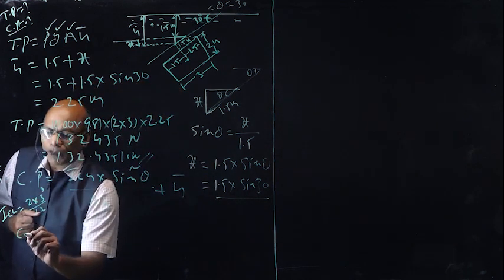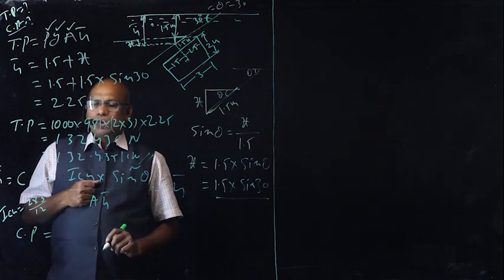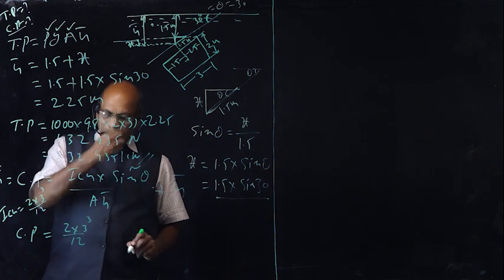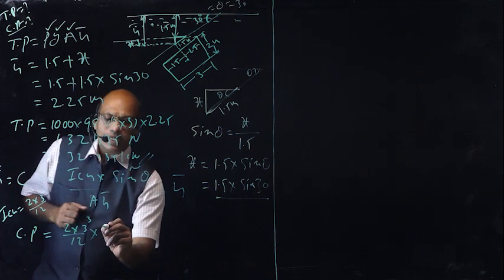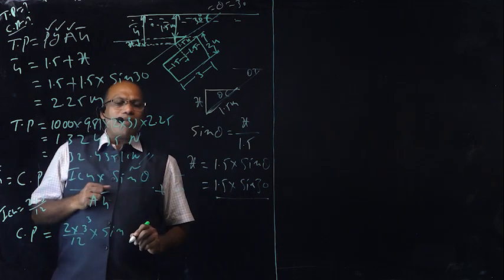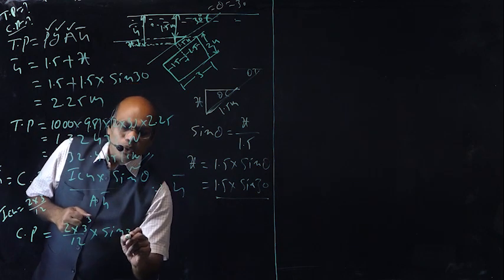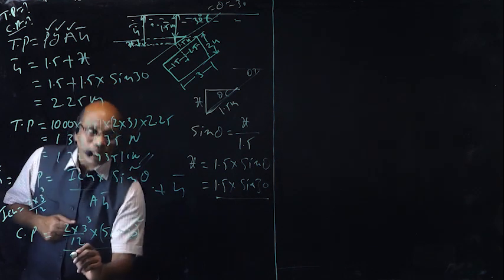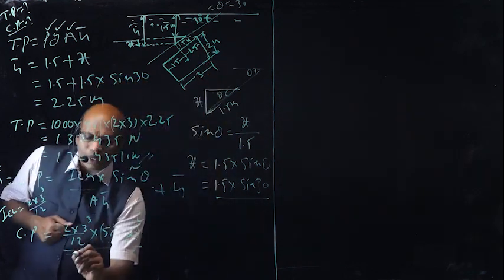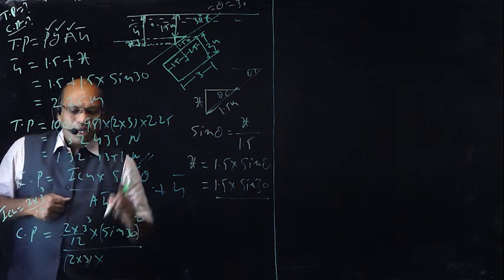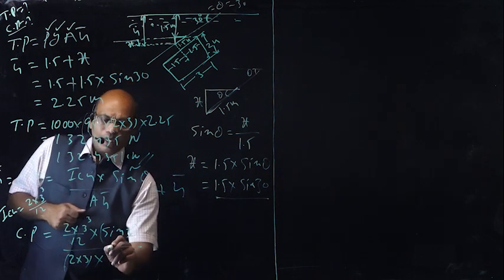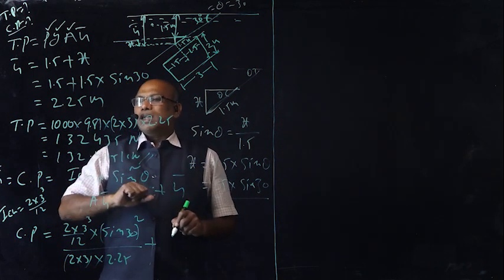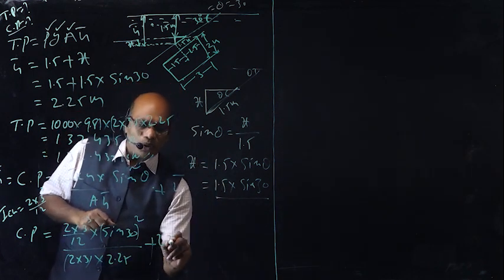Therefore center of pressure equals 2 into 3 cube divided by 12, into sin square 30 degrees, divided by area, 2 meters into 3 meters, into h bar, already determined as 2.25, plus h bar, which is 2.25.